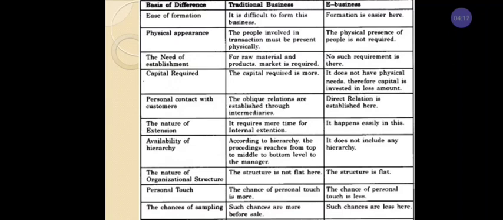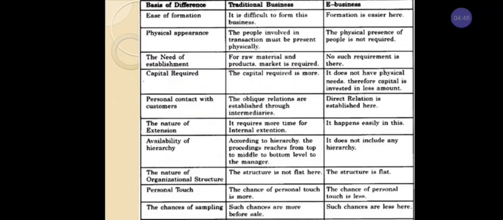But in e-business, there is no such contact, but they have to keep maintaining customer relationship management. Once you give your contact number while purchasing the product, they send you a message regarding offers or discounts for a product.